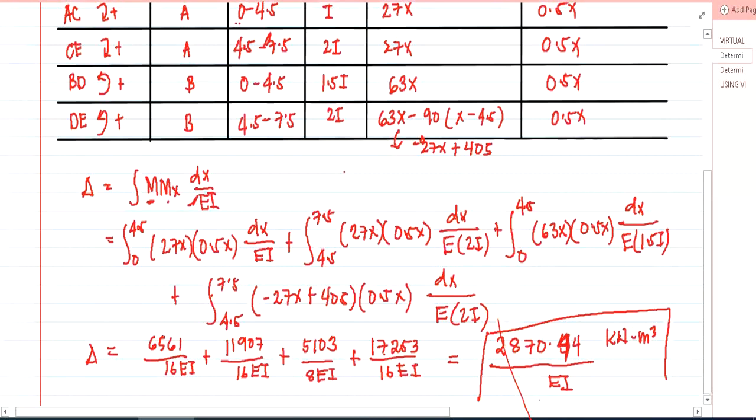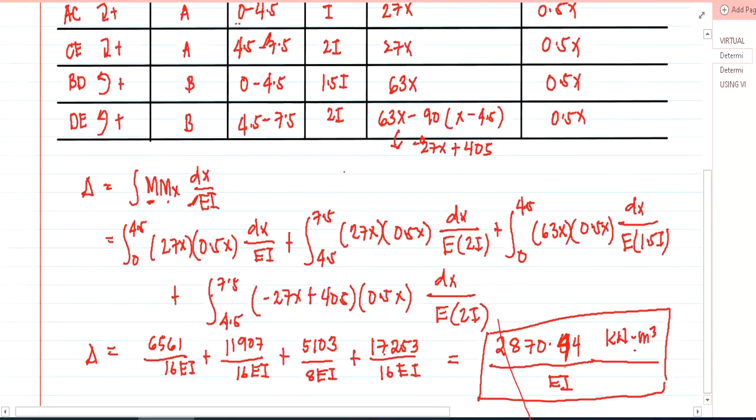Before solving for the deflection, make sure the unit in EI is the same as the unit above so the units cancel.